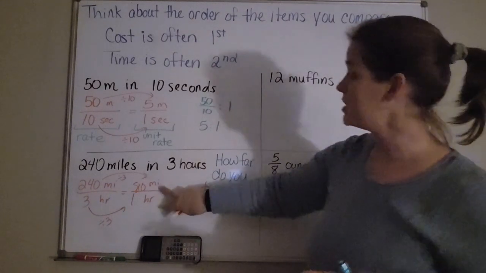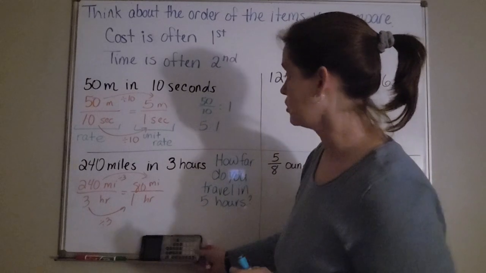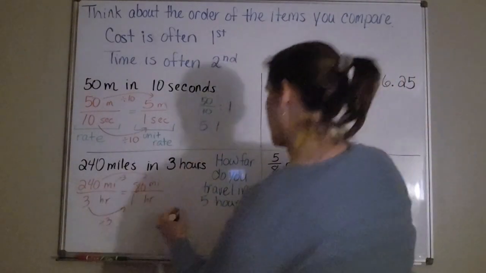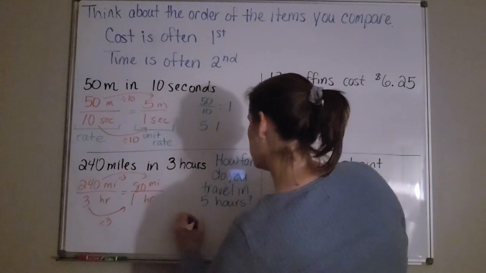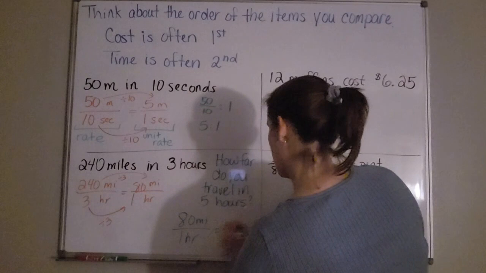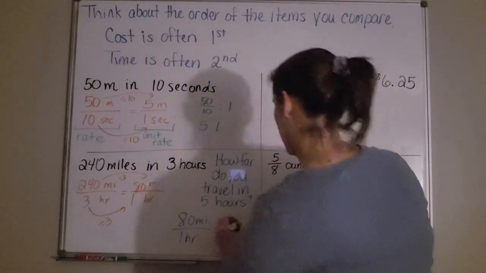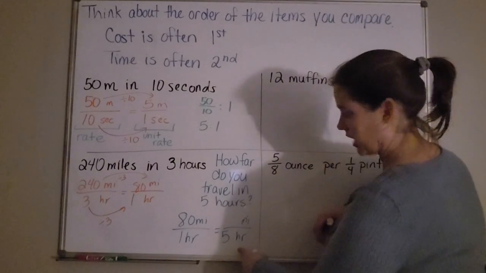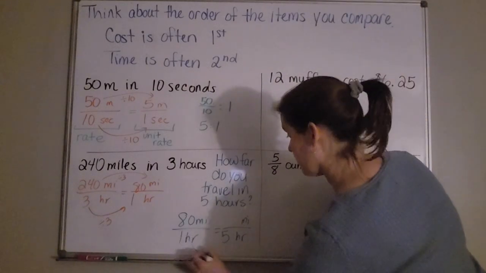But can we take our unit rate, multiply, and then figure out here, I have 80 miles in 1 hour. Now, how many miles do I travel in 5 hours? Well, 1 hour times 5 is going to give me the 5 hours.